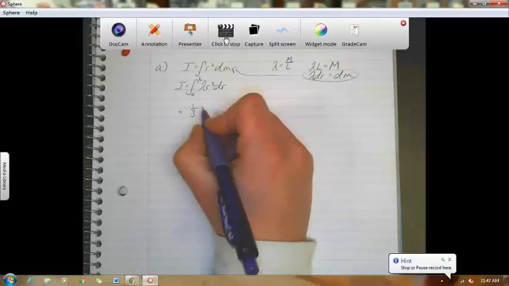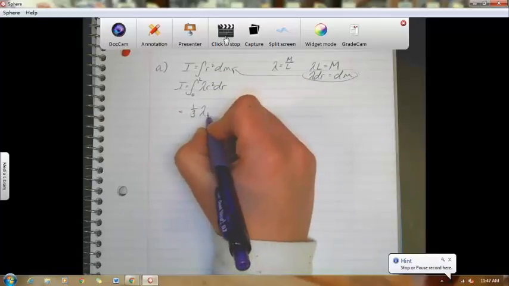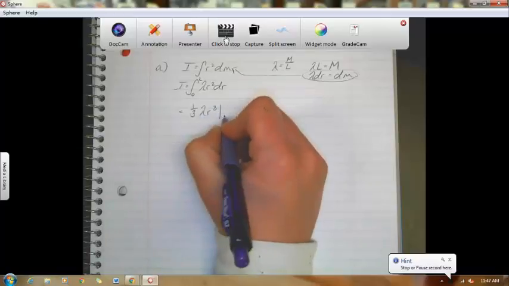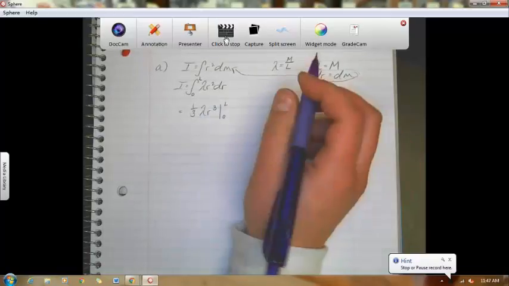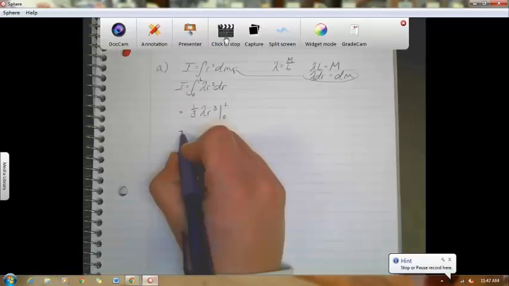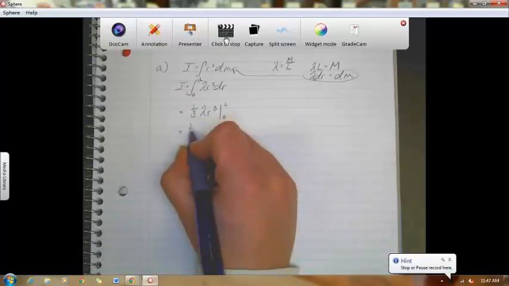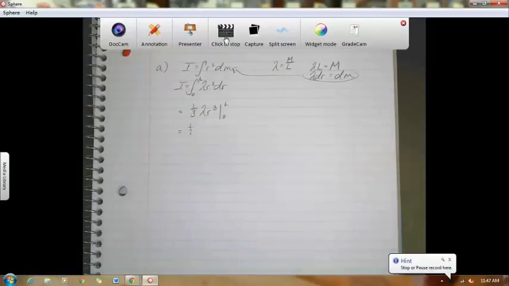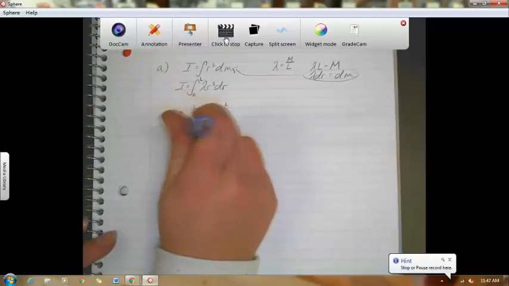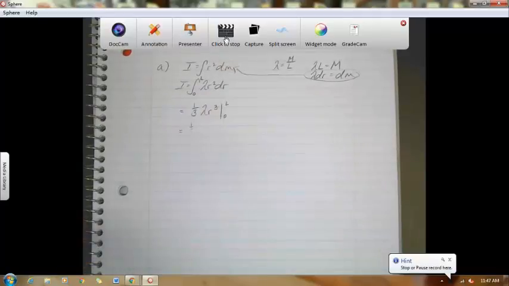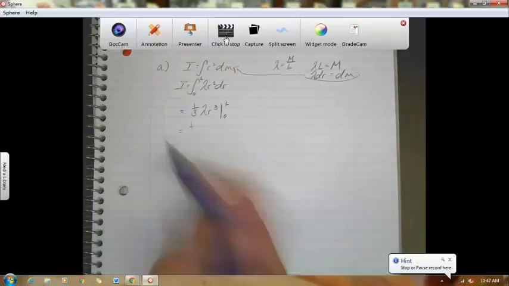Now let's substitute in. We have 1/3 times lambda L cubed minus 0. Obviously, the 0 goes away.